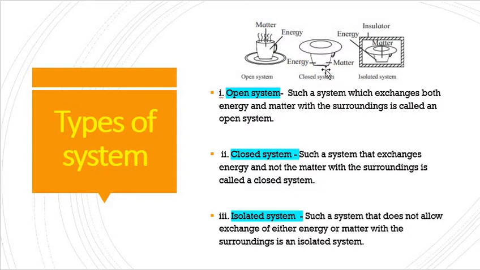Now you have taken this cup of coffee and put it in an insulated container. Now coffee will not cool down. It is insulated from the surroundings and there is no escape of water vapor into the surroundings as well as heat to the surroundings. Such systems that do not allow either the exchange of energy or matter with the surroundings are isolated systems.